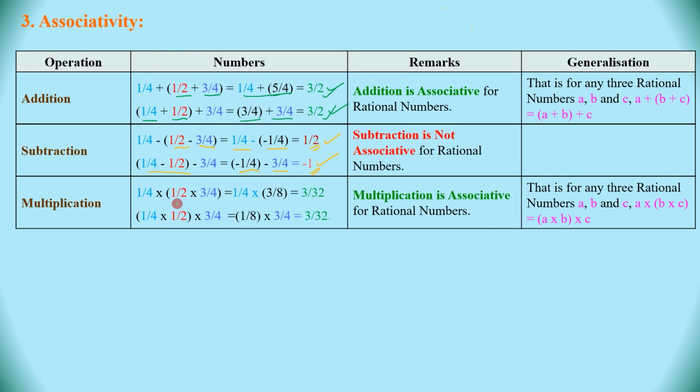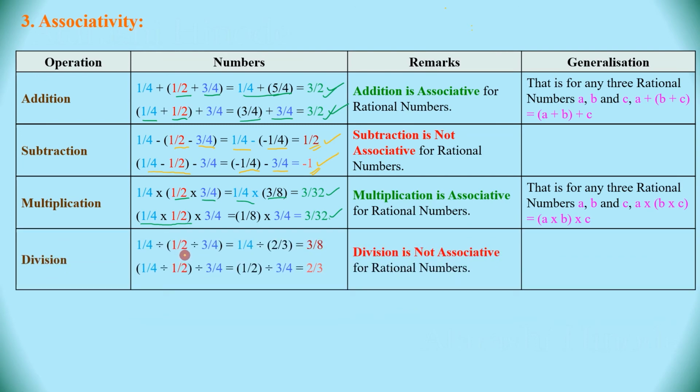Here the product of 1 by 2 and 3 by 4 is 3 by 8, and 1 by 4 times 3 by 8 is 3 divided by 32. Here also we get the same product even if the grouping is changed.